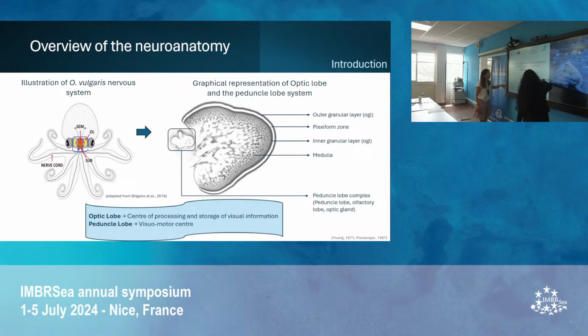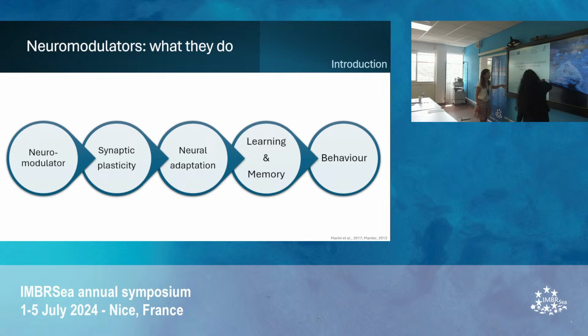And then the peduncle lobe complex, which also includes the olfactory lobe and the optic gland along with the peduncle lobe. The peduncle lobe is this one here, and it's very close to the optic lobe. And why do we need to study neuromodulators?